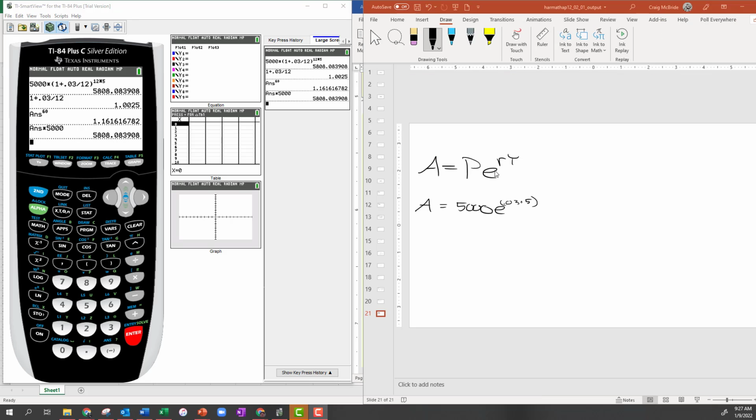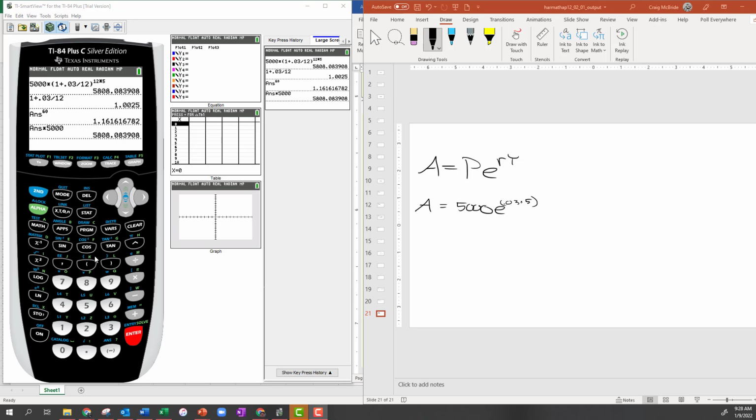Okay, so let's remind us for continuous compounding interest, we have that your amount equals your starting principal times E. Remember, that's that special number E, raised to the power of R times Y, your APR, your interest rate times number of years. So we can use the same information for this compound interest formula, except instead of doing it monthly, we'll do it continuously. So we've got 5,000 as our starting amount, and then our interest rate was 0.03, and then we multiply that by 5 because it was for 5 years.